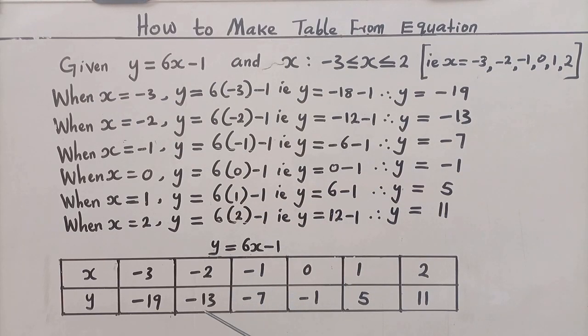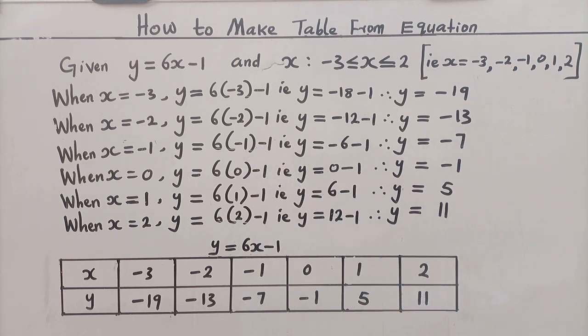This is the summary of the second line. This is the summary of the third line, and so on and so forth. Meaning, when x was equal to -2, see it here, y became -13. See it here. When x became -1, see it, y became -7.